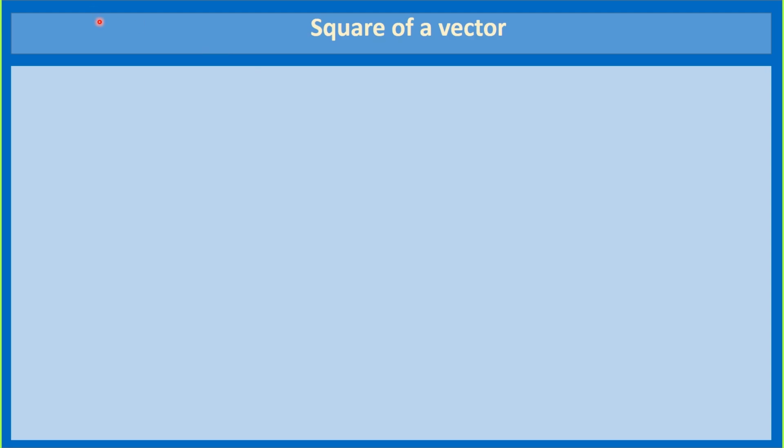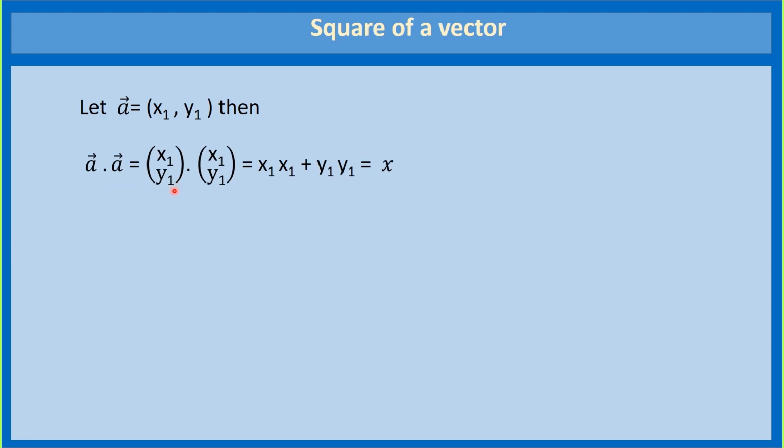Dear learners, in this chapter we are discussing square of a vector. Let vector A be equal to (x1, y1), then vector A dot vector A is equal to (x1, y1) dot (x1, y1), that is equal to x1 x1 plus y1 y1, or it can be written as x1 square plus y1 square. So square of vector A is equal to x1 square plus y1 square.